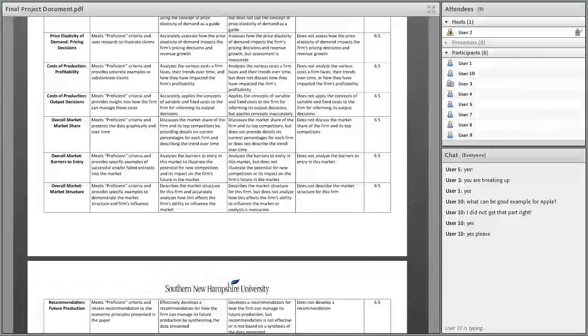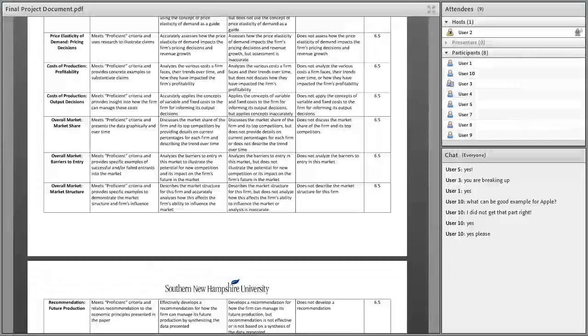The market structure. What type of market structure does your company operate in? If you want to be proficient, again, you provide an example to demonstrate the market structure and how the firm can influence it.